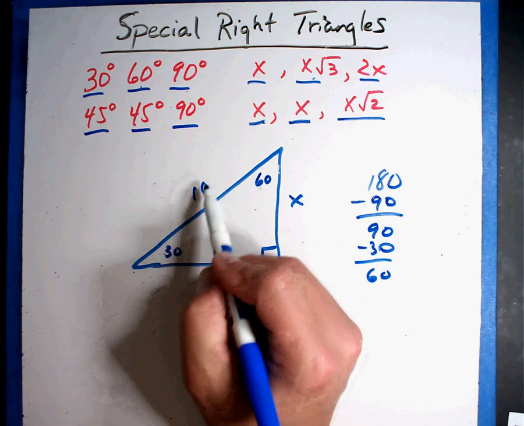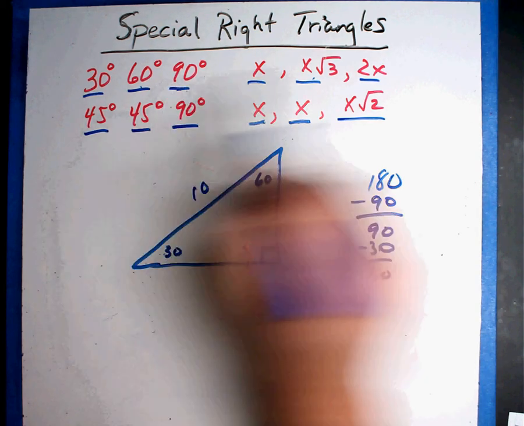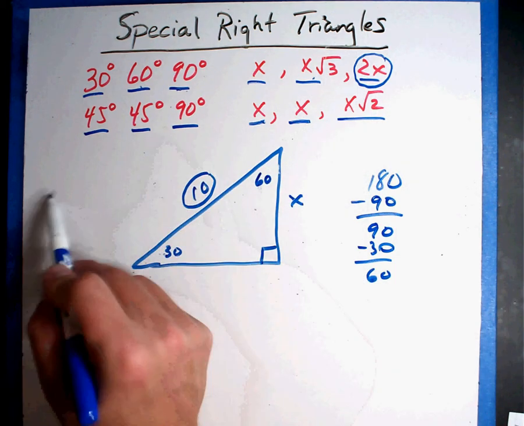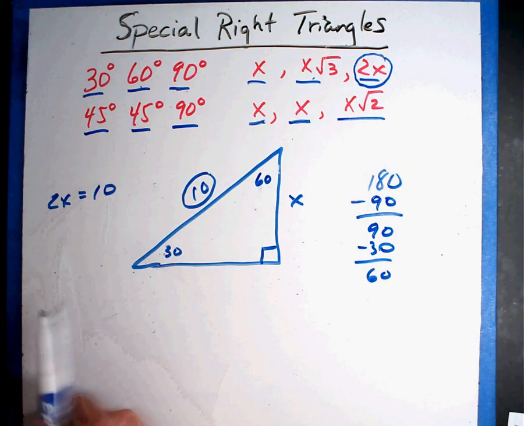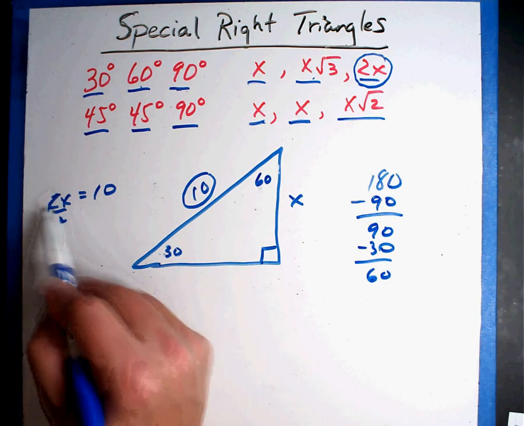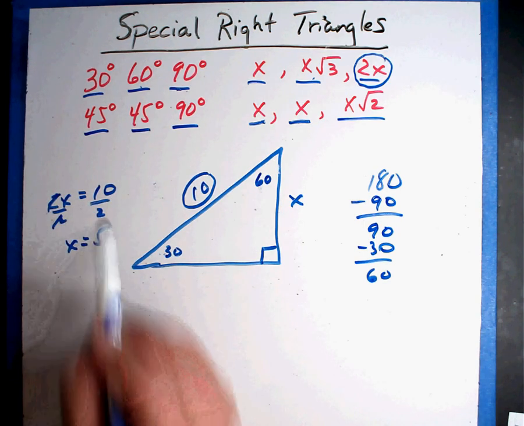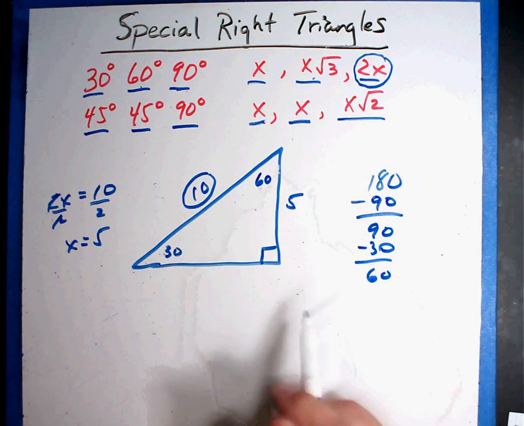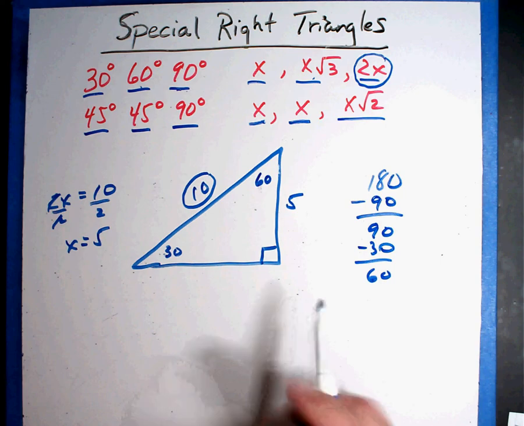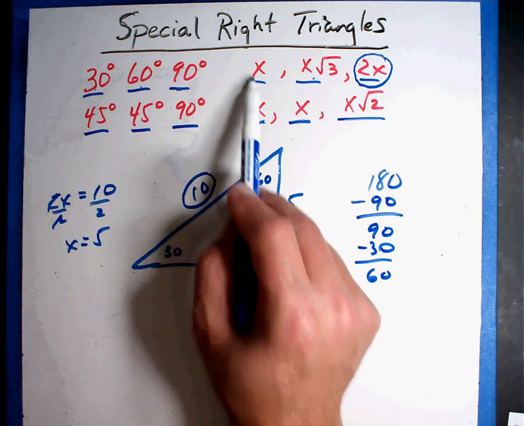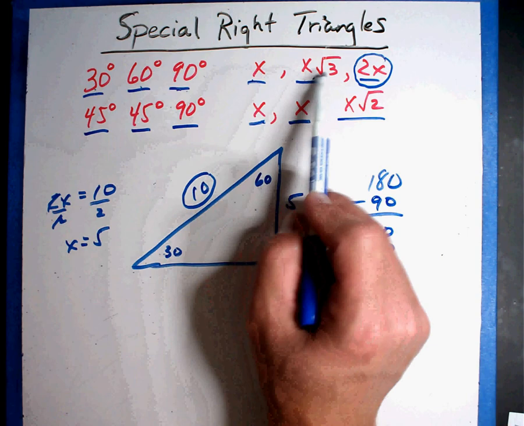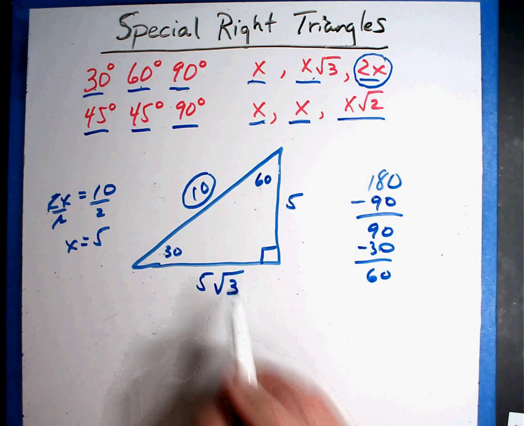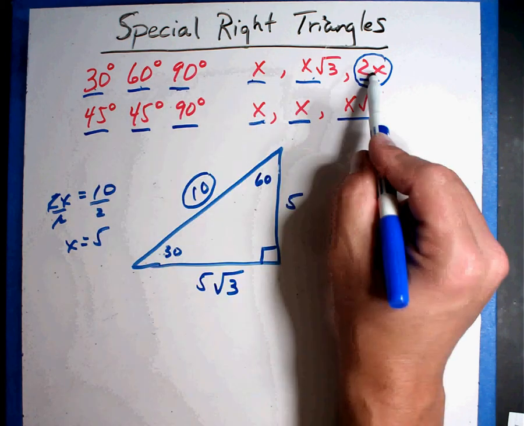That means if 2x equals 10, divide by 2, x equals 5. If I follow the order, 30 was x, 60 is x square roots of 3, so x is 5, so this is 5 square roots of 3, and 90 was 2 times x.